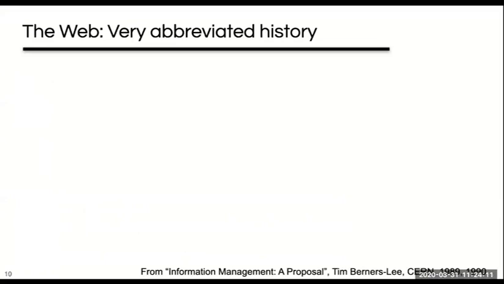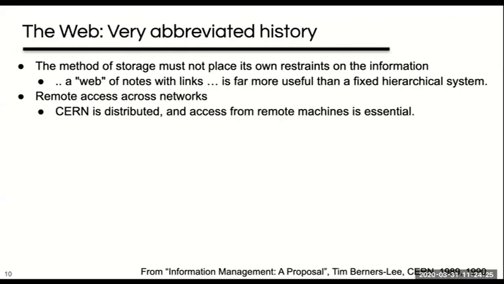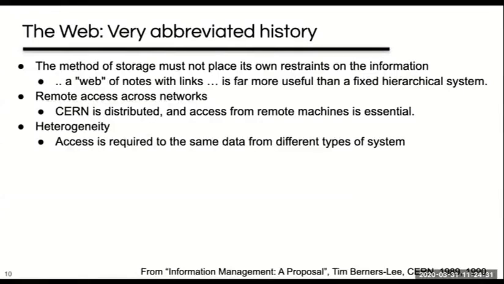So I thought it was worth pulling some points out of his proposal. In this slide, all the text on it is straight out of his proposal. And so he talks about getting away from hierarchy, kind of like I just mentioned. He mentions that this system should be accessible over networks.